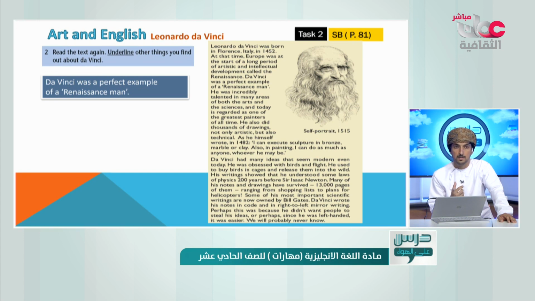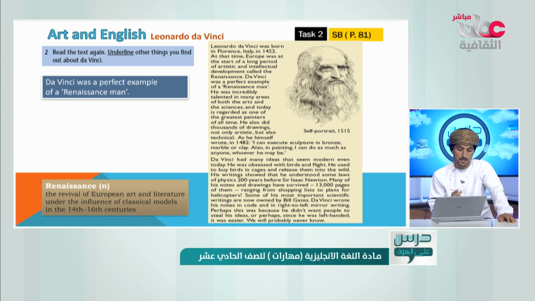Renaissance means the revival of European art and literature under the influence of classical models in the 14th and 16th century. So Leonardo da Vinci was a good example, he was a writer and he had many interests, so they call him a Renaissance man.